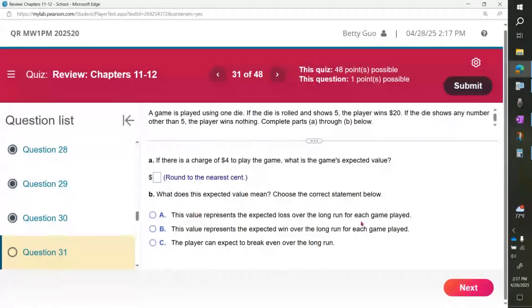Question number 31. A game is played using 1 die. If the die is rolled and it shows 5, the player wins $20. If the die shows any number other than 5, the player wins nothing. Complete part A through part B. If there is a charge of $4 to play the game, what's the game's expected value?